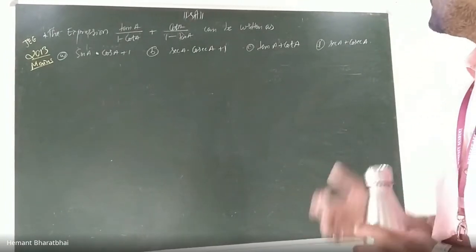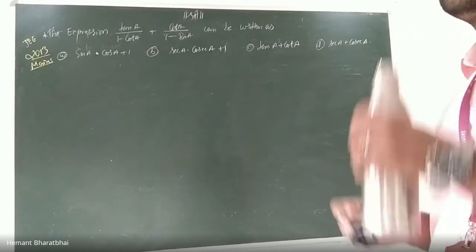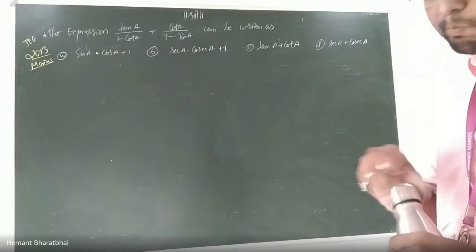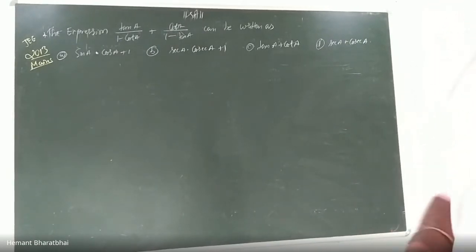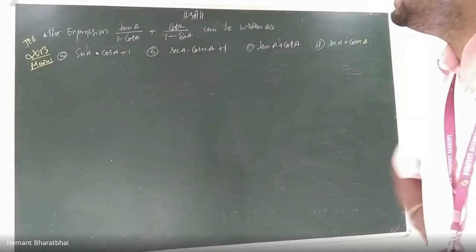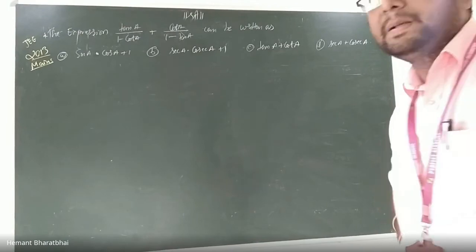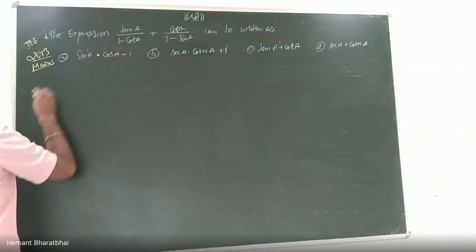If you see, the options are in terms of sec, cosec, tan, cot, and sin and cos also. Now, sine and cos can be obtained only if I convert this tan and cot as sine by cos. That is the easiest thing we can do over here. So, let's try this.